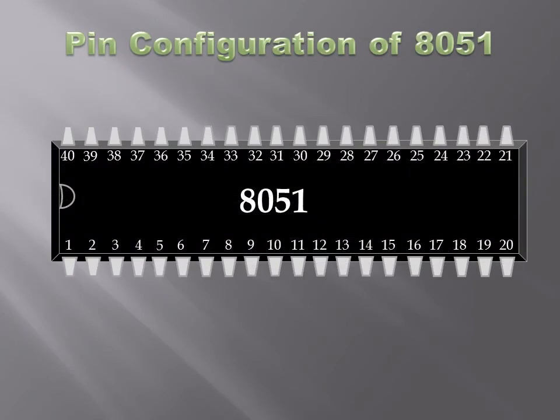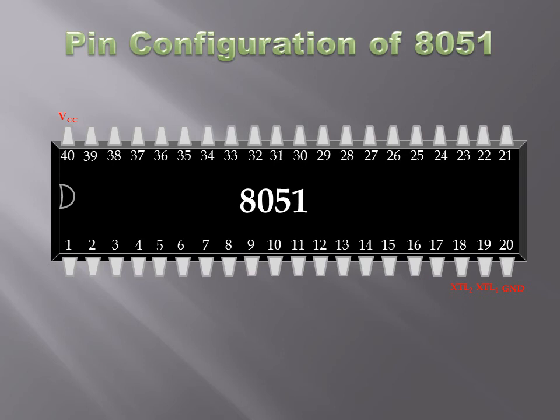If we move to the pin diagram, that is a 40 pin chip having ground at pin 20 and the power supply VCC at pin number 40. Then we see pins from 1 to 8 as one port, port 1.